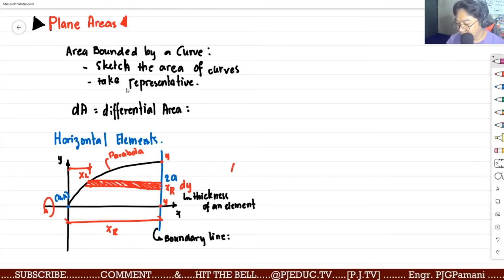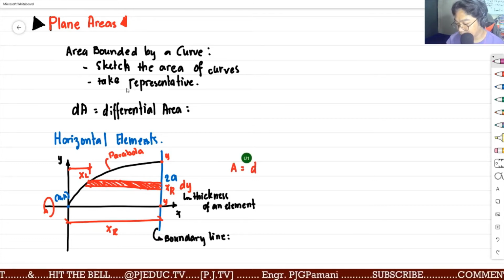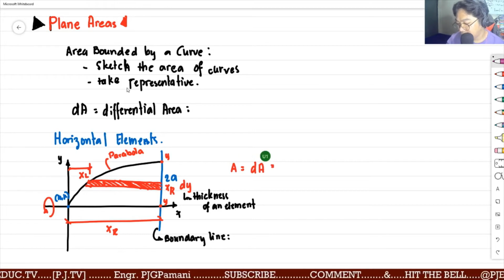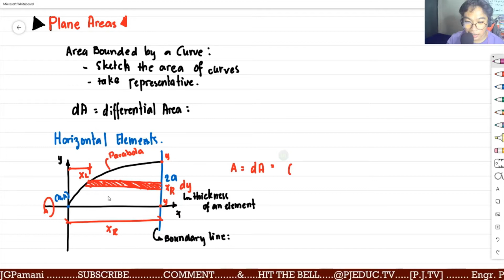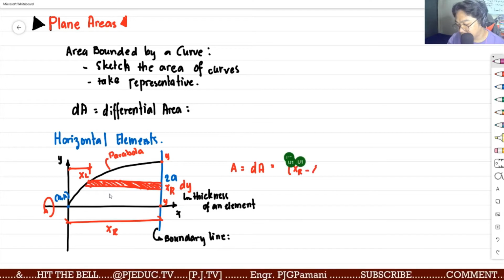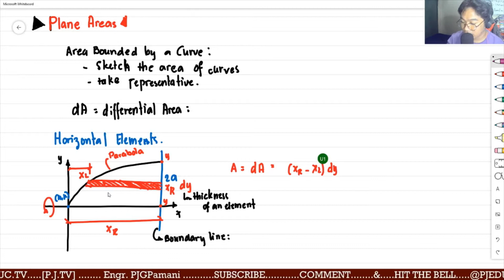So, the area bounded by this parabolic curve is equal to the differential area, equal now to the identified line touched by the strip, x right minus x left, then dy. Then integrate.